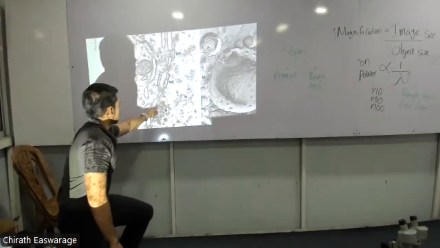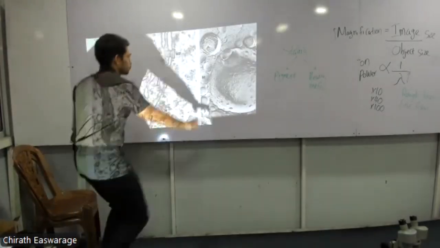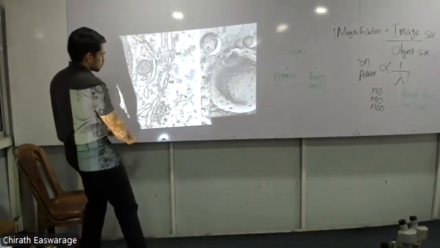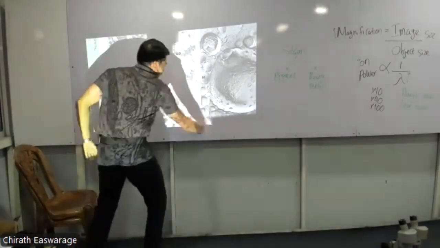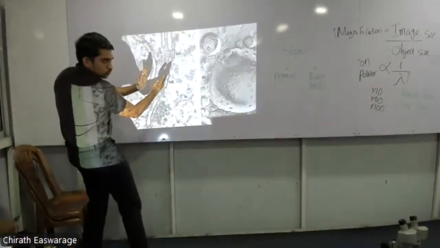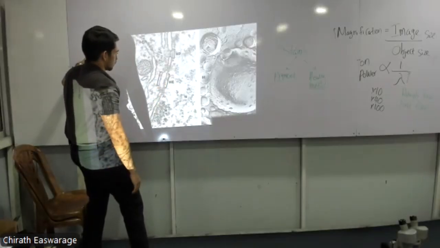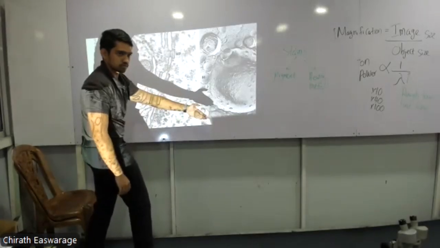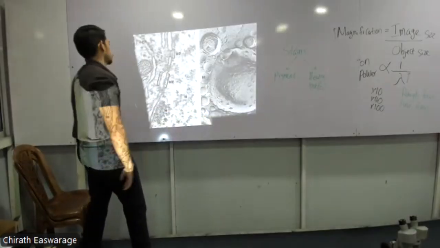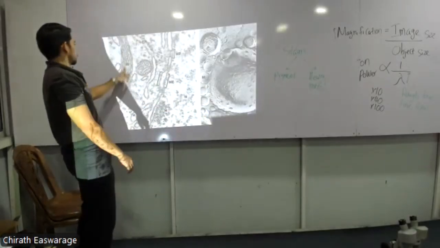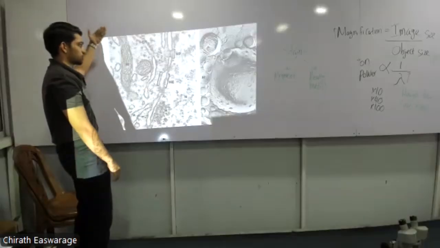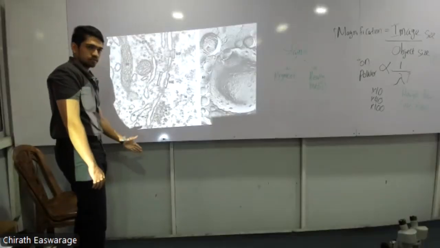So this is that roof-like structure, but now we have sliced it this way, so you can see the two layers. Can you see the two layers? Because why? The electrons are going through it. Transmission electron microscope. Okay, so you can see other structures inside the cell as well, as if the cell has been sliced.